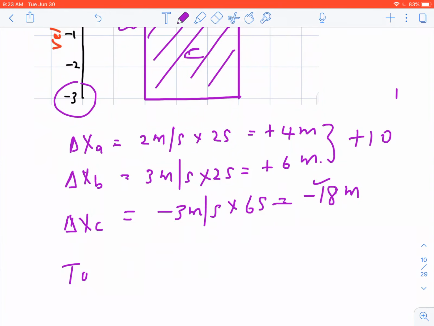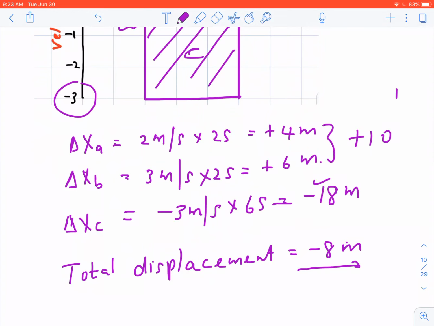So what's your total displacement? Total displacement is equal to minus 8 meters, and that means the displacement is towards the left.